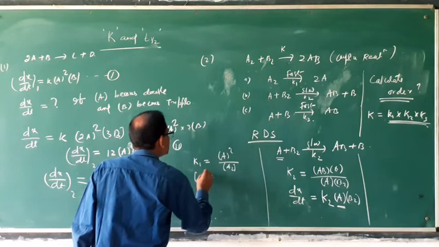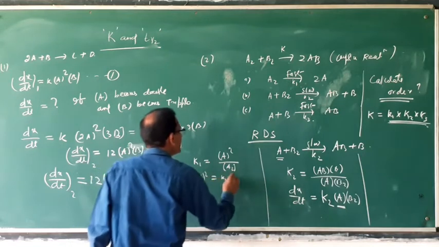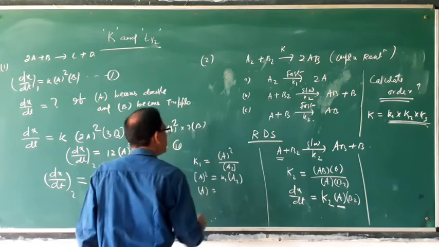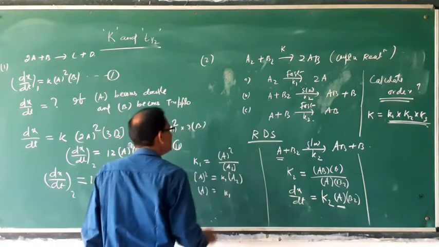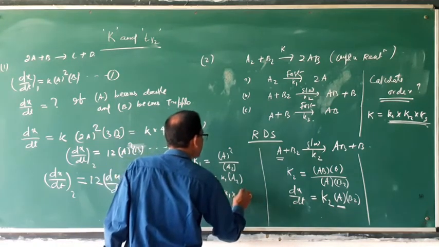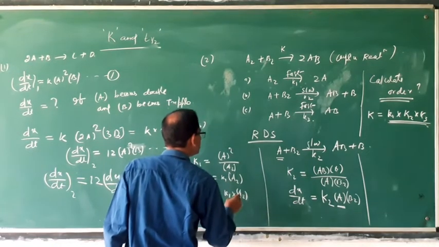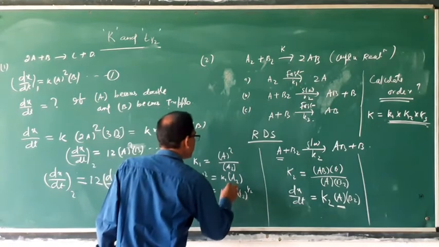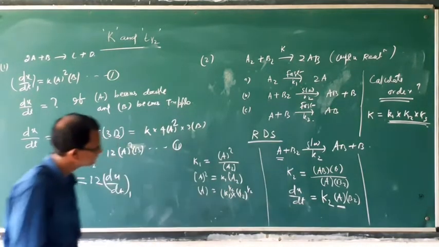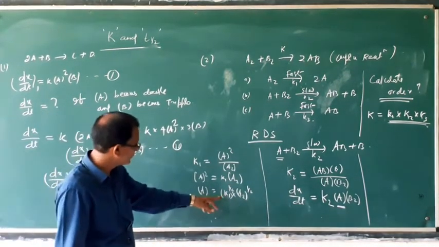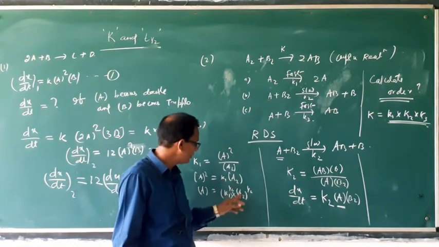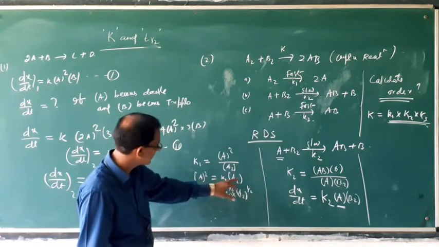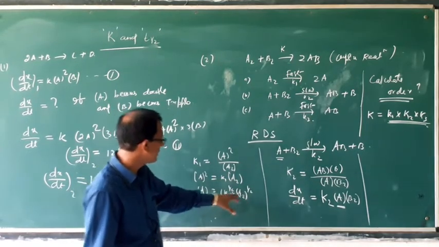This implies A square is equal to K1 into A2, which implies A is equal to K1 into A2 to the power half. So A will be the square root of K1 and the square root of A2.